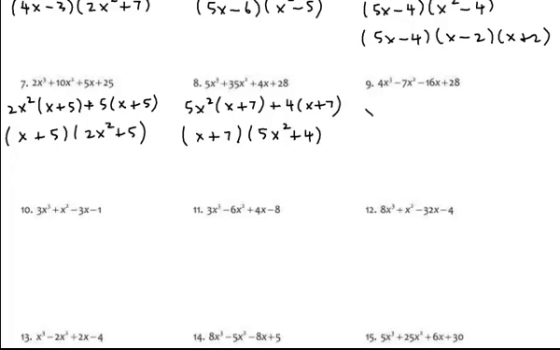5x cubed, 35x squared, 5x squared. Leaves me with an x plus 7 when you factor that out. 4x and 28 have a 4 in common. The parentheses are the same. Four x cubed, take away 7x squared, has an x squared in common.